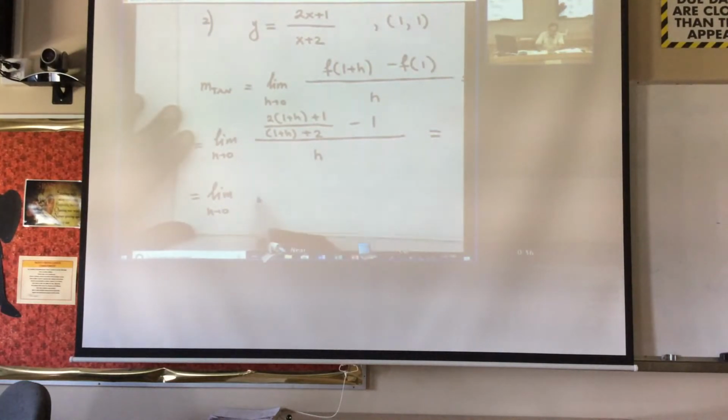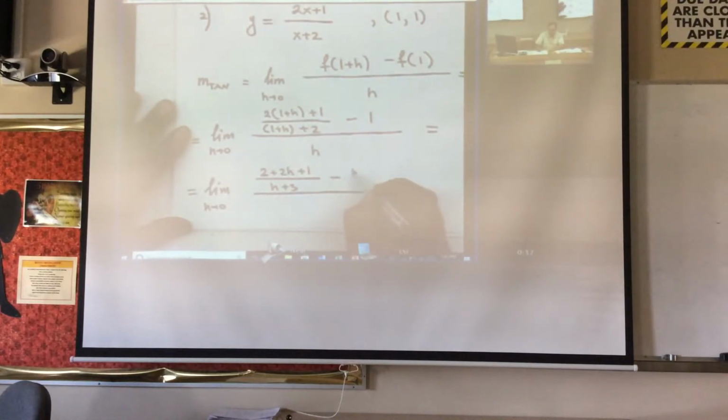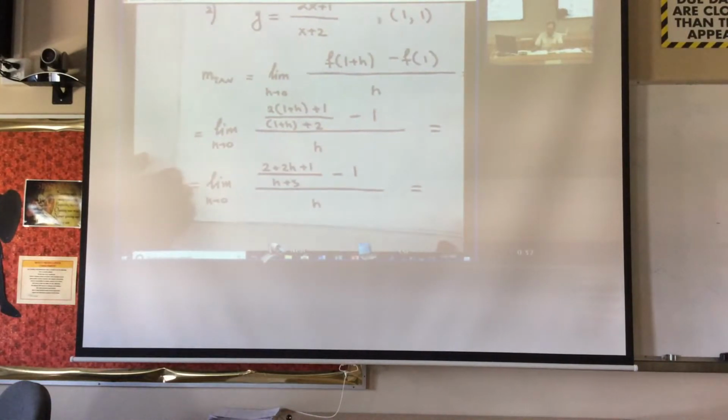So I will have 2 plus 2h plus 1 over h plus 3. If you look, here's your h, and you open parentheses, 1 plus 2, h plus 3, minus 1, over h. Still we can simplify, right? 2 plus 1, I should do it, but I kind of overlooked that, so let's just add this quickly.